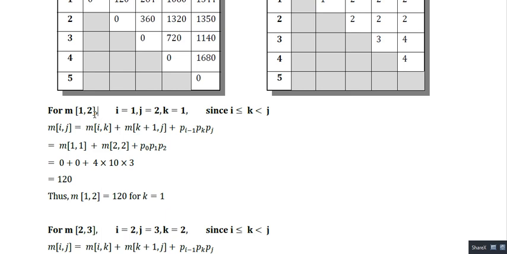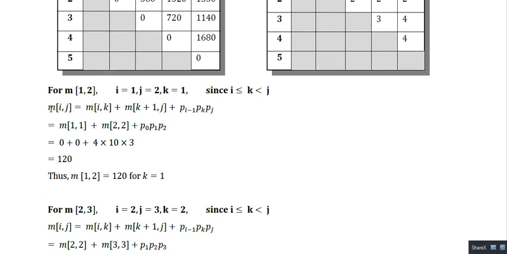So we know the formula: Mij equals Mik plus Mk+1,j plus Pi-1 into Pk into Pj. So just put in the values: it will be M11 plus M22 plus P0 into P1 into P2.